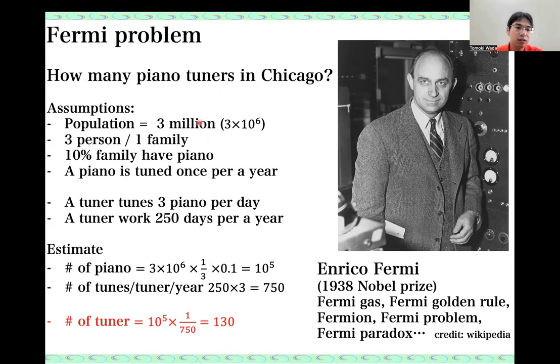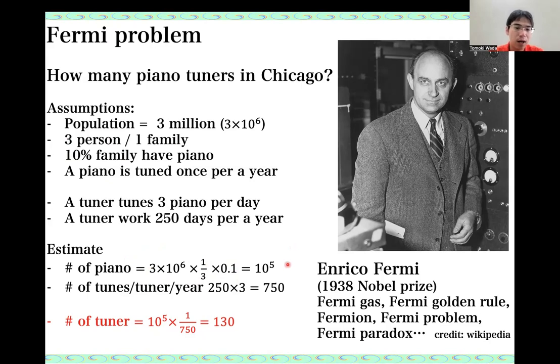From these assumptions, we can estimate the number of pianos in Chicago. This is the population, and 3 persons make 1 family, so this value is the number of families. Using the third assumption, we can estimate the number of pianos in Chicago. It's about 10 to the power of 5.